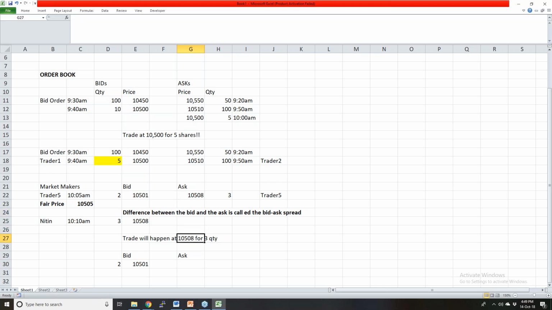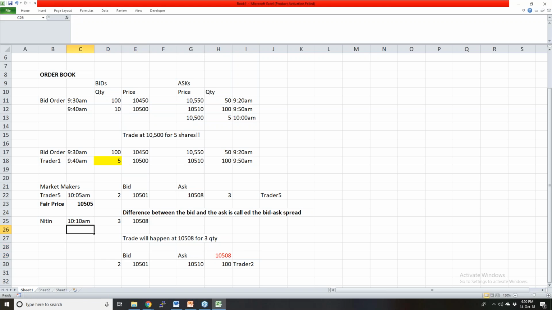So this ask, which was at 10,508, gets removed, and the previous 10,510 ask for 100 quantity by trader 2 remains in the order book.